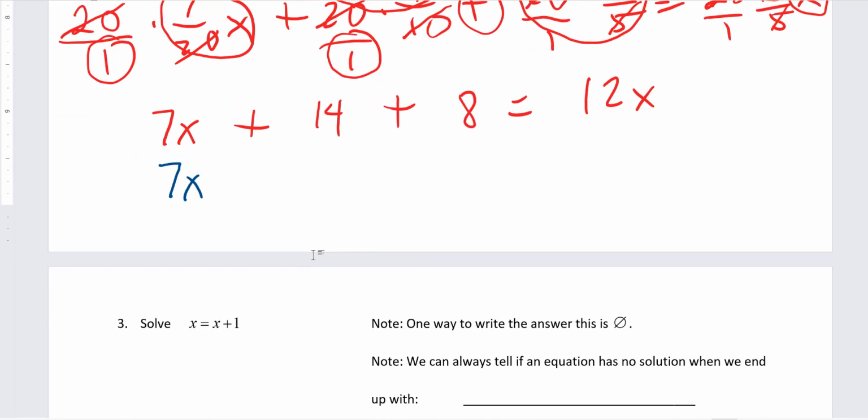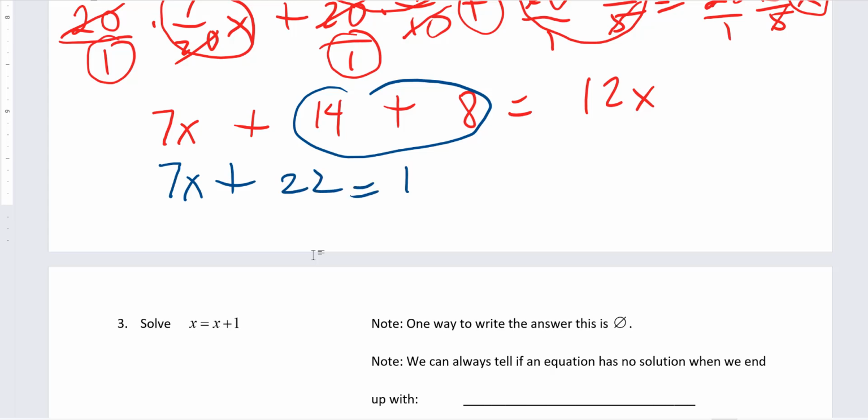I'm going to have 7x plus 22 equals 12x. I'm going to subtract 7x from both sides. That's going to leave me with 22 on the left and 5x. And then, people often get this backwards, so be careful. Think carefully.